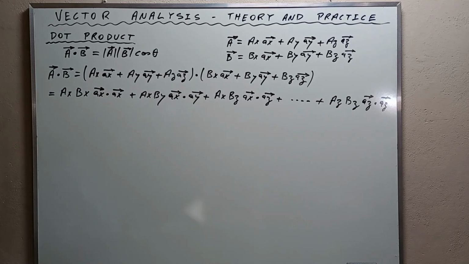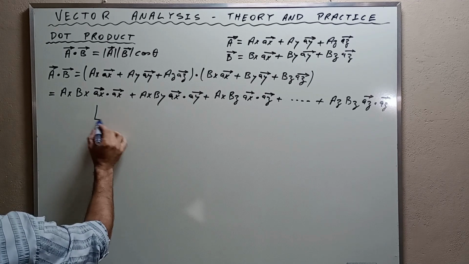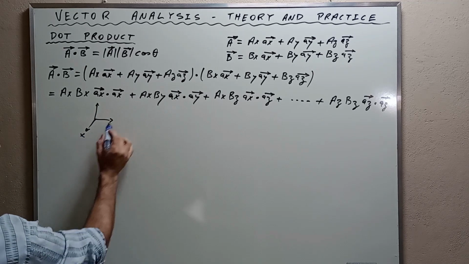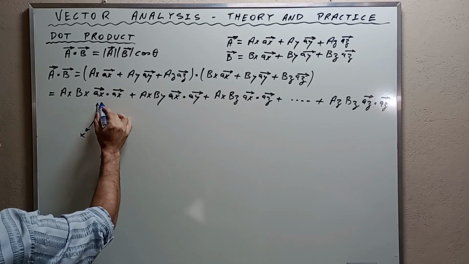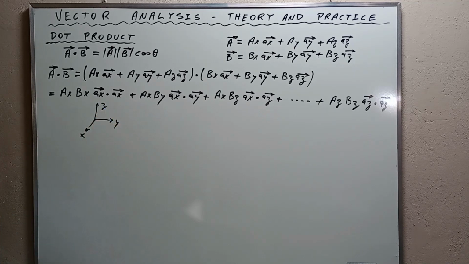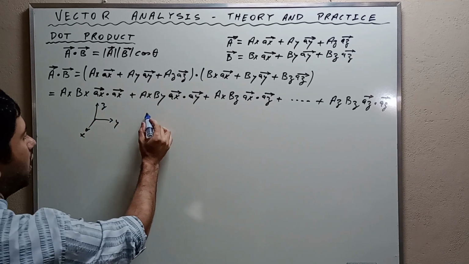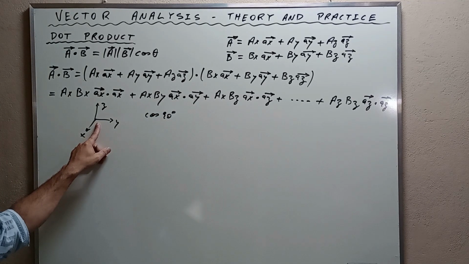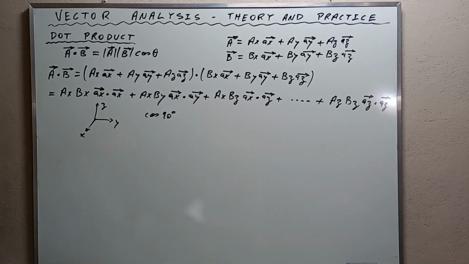And we need to bear in mind that as it is a cosine, you see that x is here, y is here, and z is here. The cosine between them, the angle between them is 90 degrees. So the cosine of 90 degrees is 0.